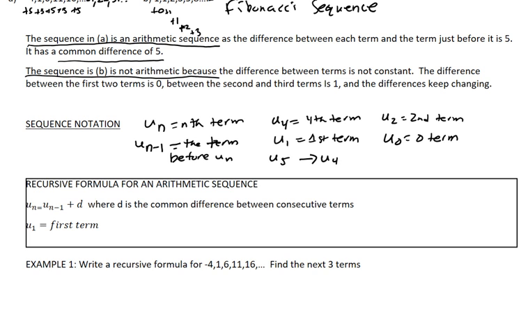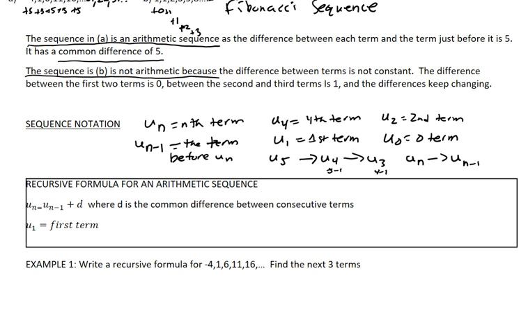And then U sub 3 is the term that comes before that. But aren't you just doing 5 minus 1 and 4 minus 1? So then for U sub n, the term that comes before it, we follow the same pattern. It's U sub n minus 1. That's what we did. We did 5 minus 1 to get 4. We did 4 minus 1 to get 3.